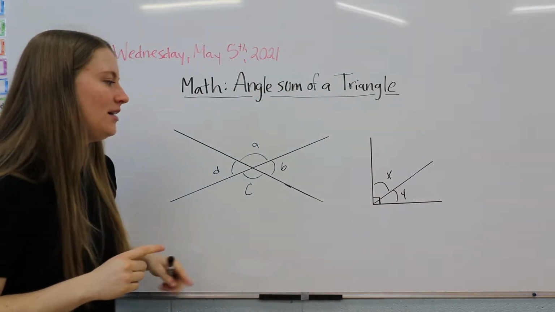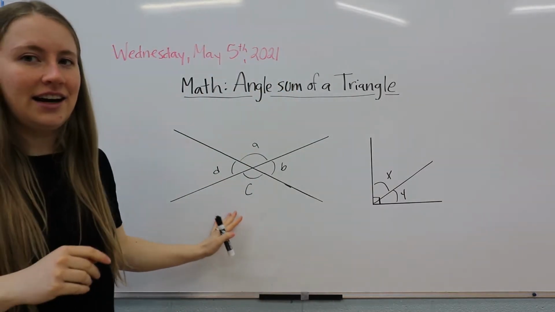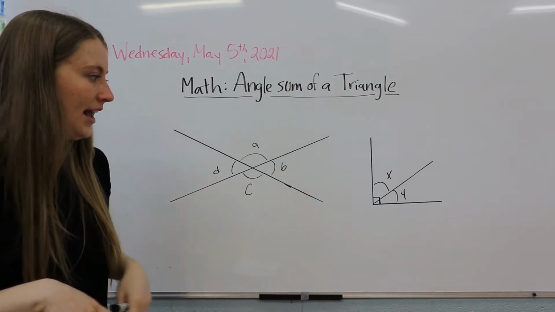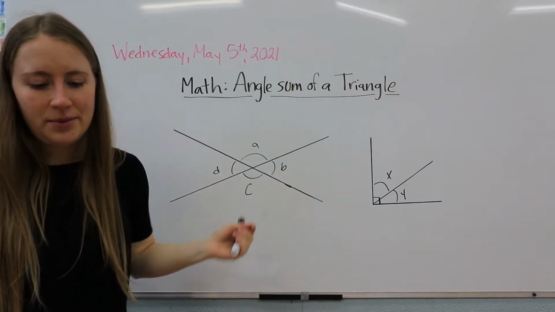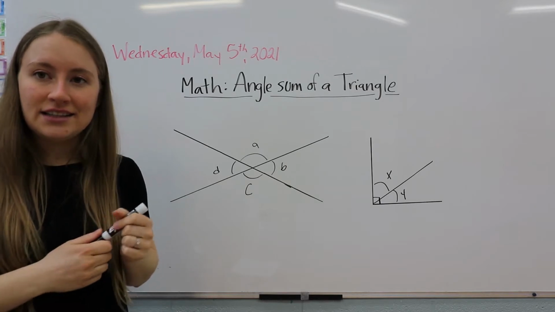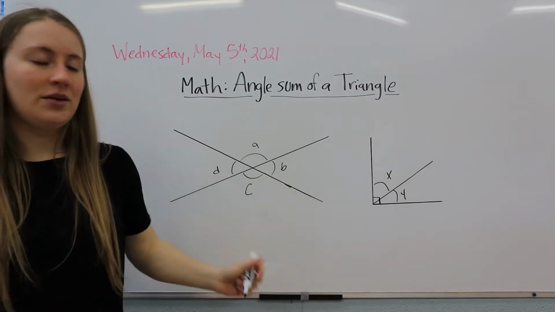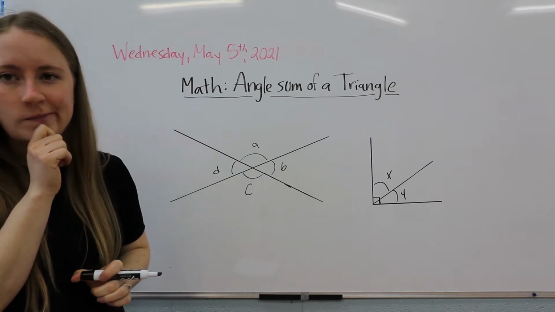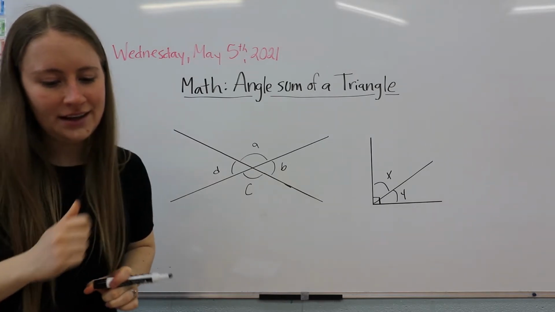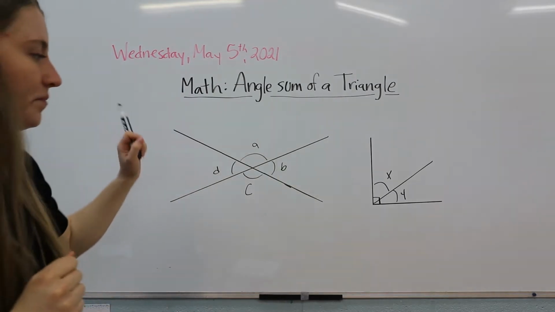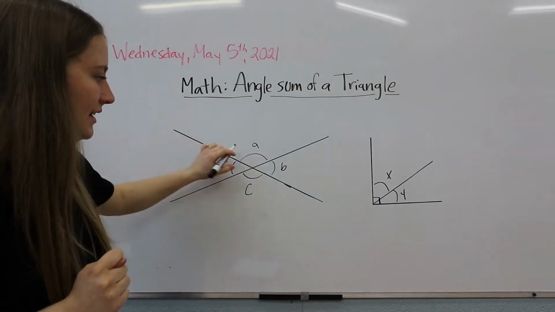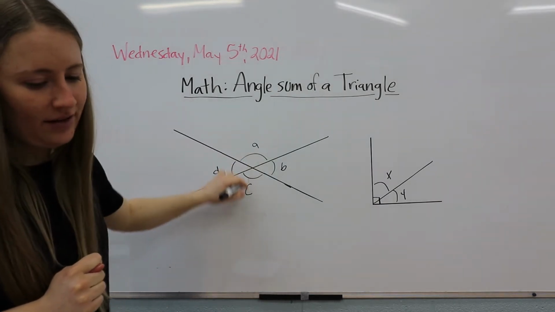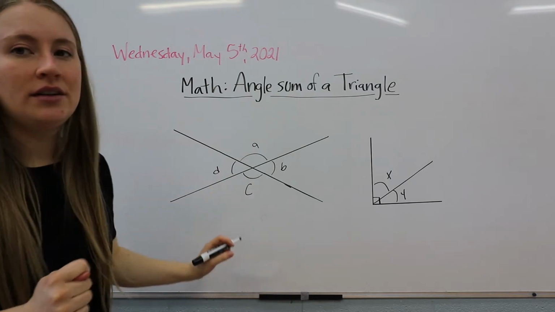So you'll remember we have our intersecting lines here, and there are rules that apply to these lines, okay? So I want you to think about it for a second and we'll work together to remember what the rules are. So the first rule is that vertically opposite angles are equal, okay?